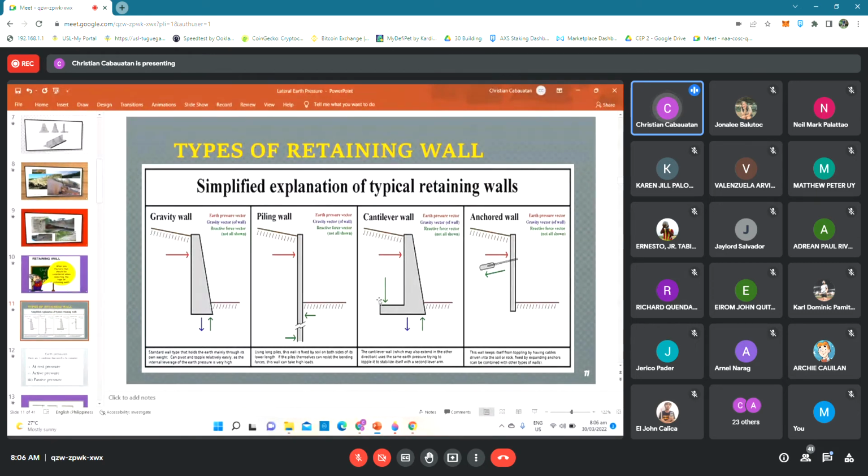Common lang nakikita ko dyan is yung si anchor, doon nilalagay siya mismo doon sa bodies of water and then it was anchored to a ship, abandoned ship. Pero andun pa yung malakas na strength din ni ship para to support the wall. So yun.